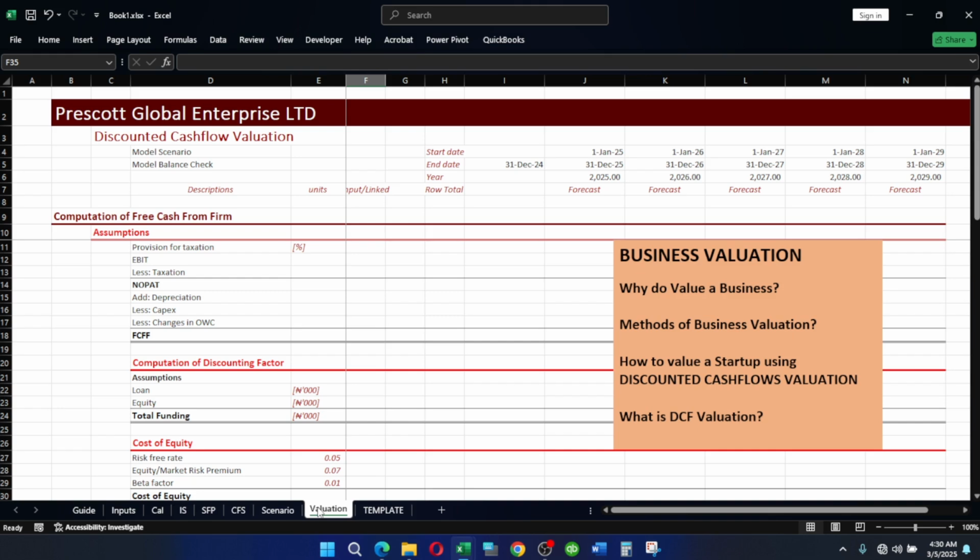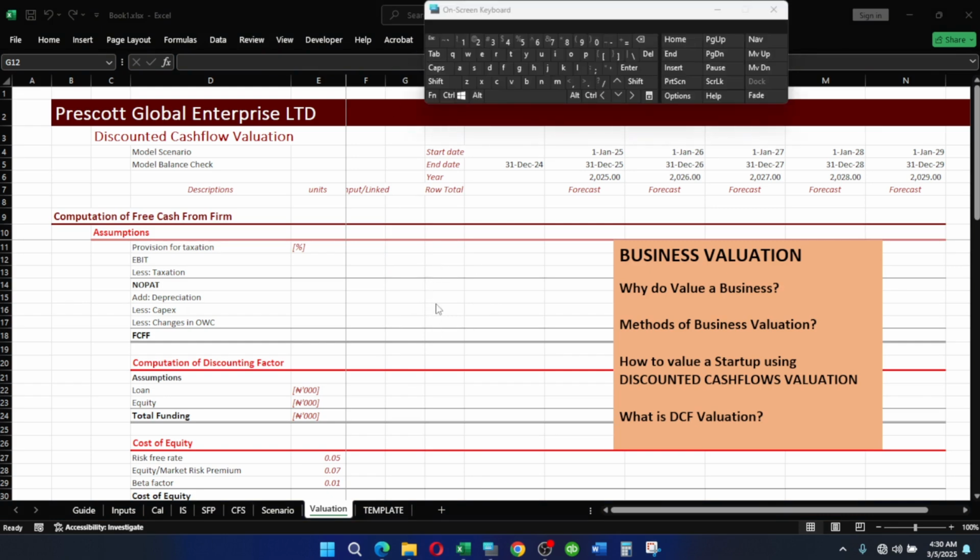Now let's say, for instance, we have a business valued at, let's say, 1 million naira. I'm just trying to give us an instance. We have not started; I'm just trying to explain what valuation is and throw some light.